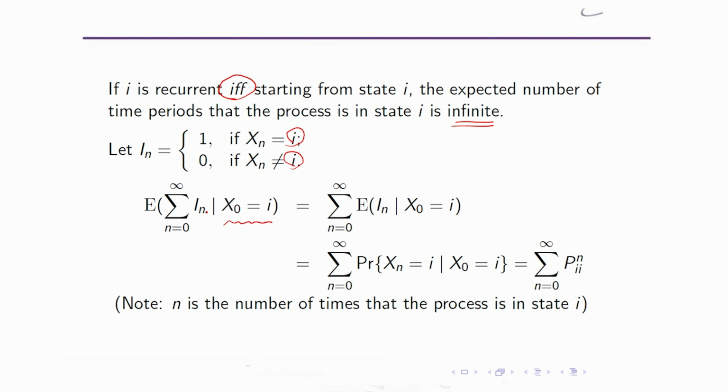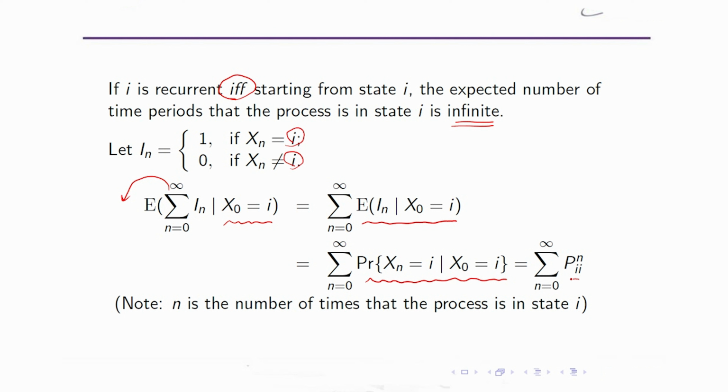Based on the knowledge about expectation, we can move the summation outside the expectation. So we have this. And we know that this is actually the expectation of the indicator given X0 equal to i. This is actually the conditional probability of this, and this is actually P_ii^n. Then we take the summation.